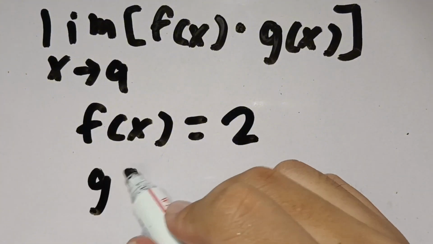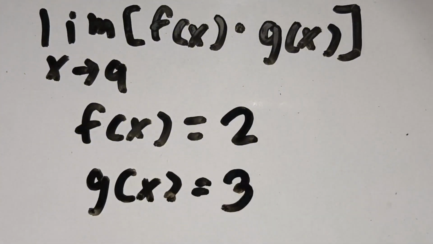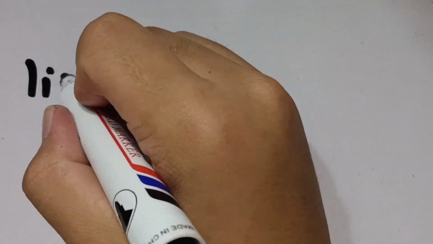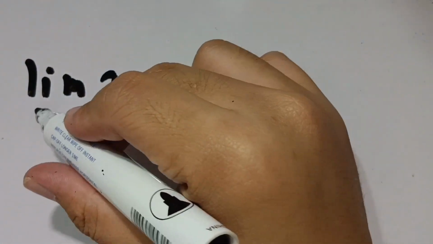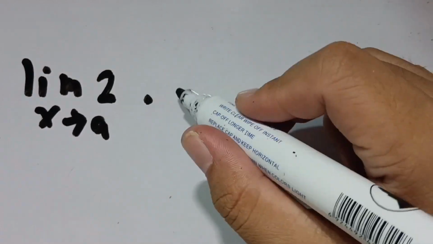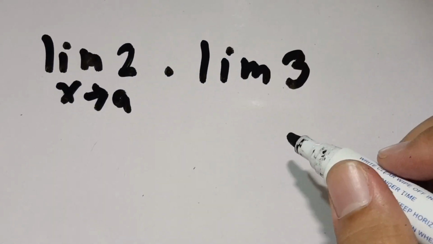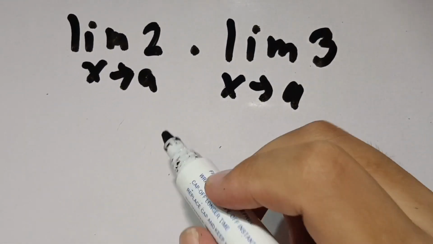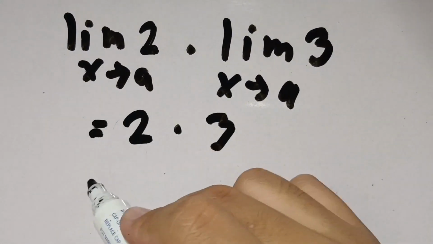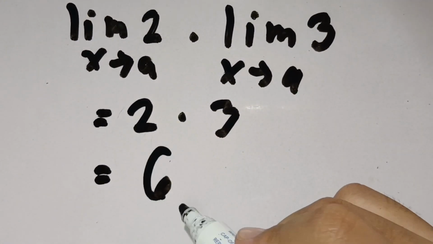Let's say the value of f of x is 2, the value of g of x is 3. Then use the limit law format and multiply 2 times 3, which equals 6.